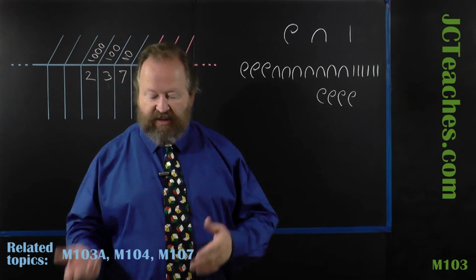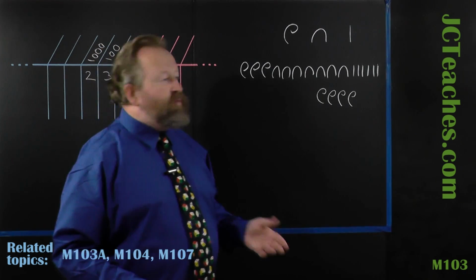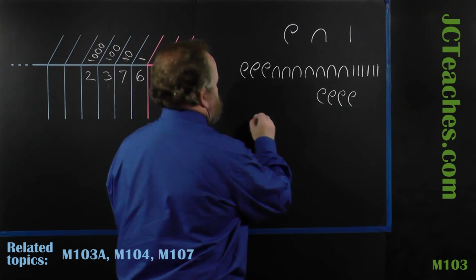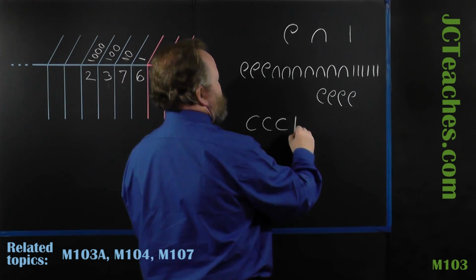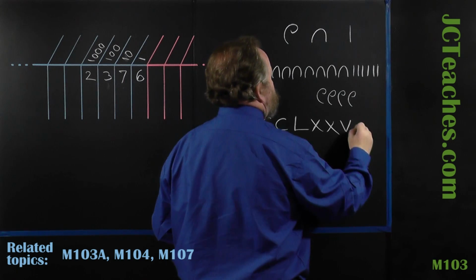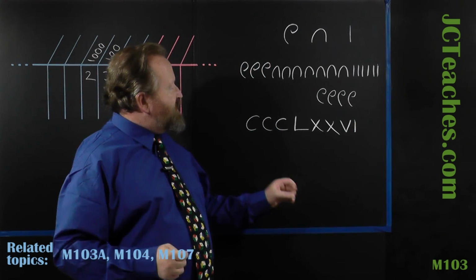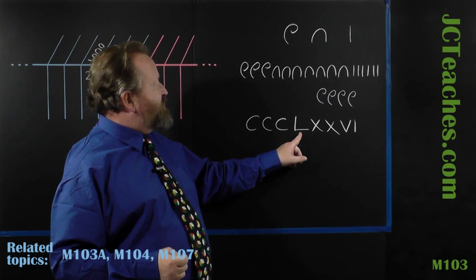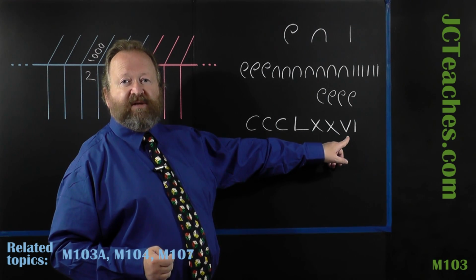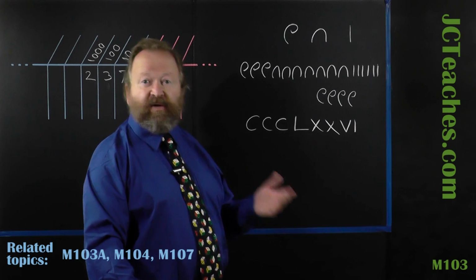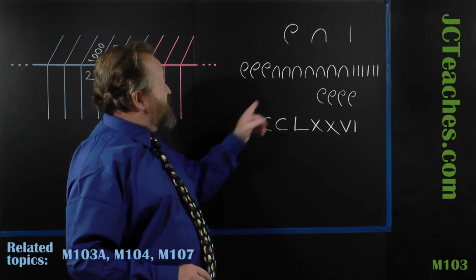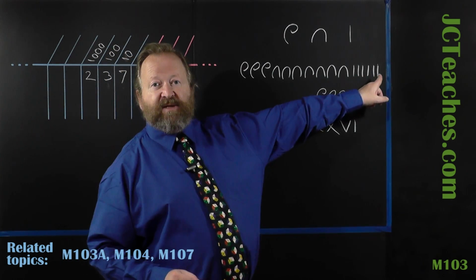Roman numerals, as I mentioned earlier, are much the same. Roman numerals, you would have 300 and 50, 60, 70, 5, 6. They've refined the system slightly. They also have letters for 50 and 5, and they have a letter for 500 as well, to avoid having quite so many things as the ancient Egyptians had.